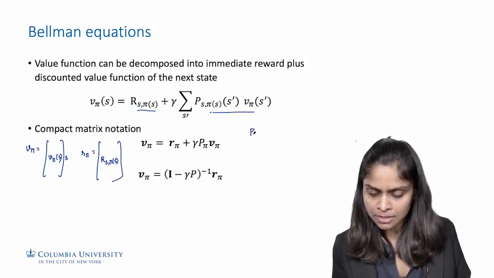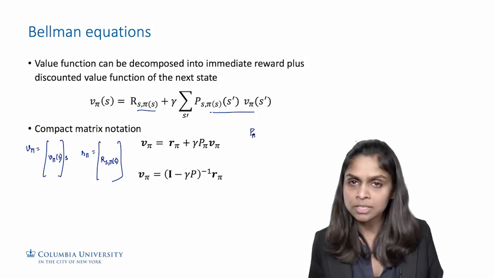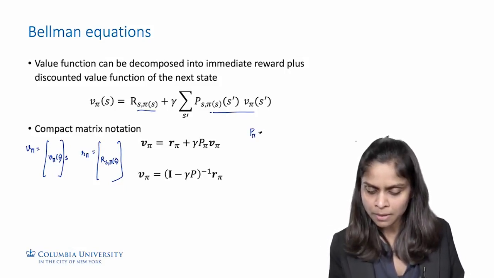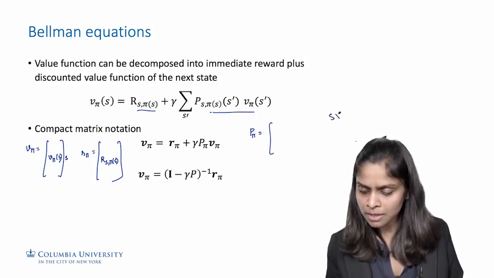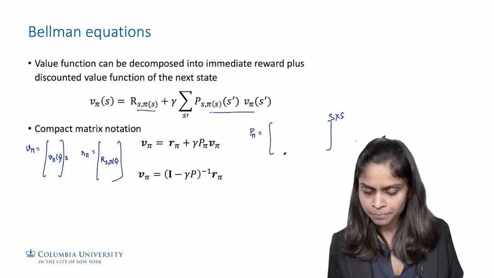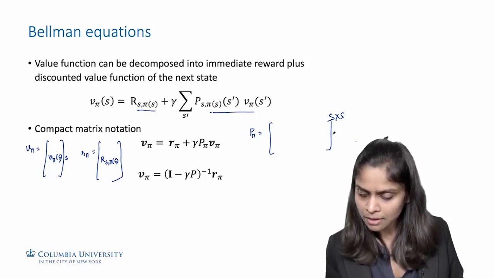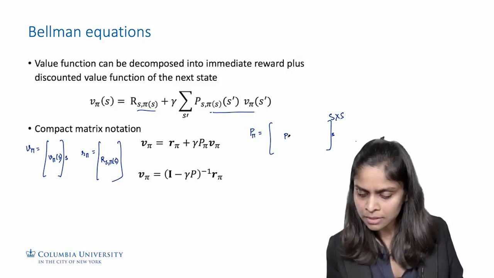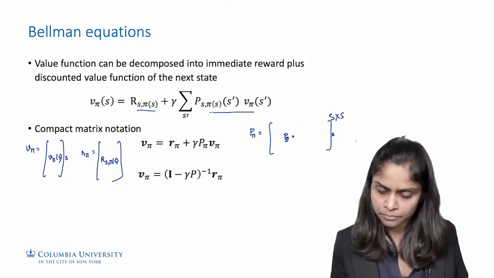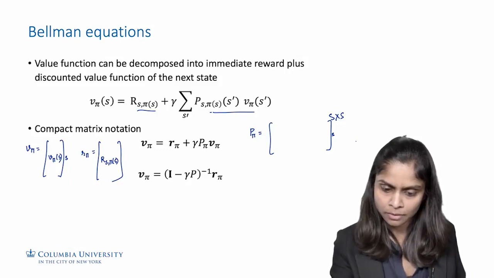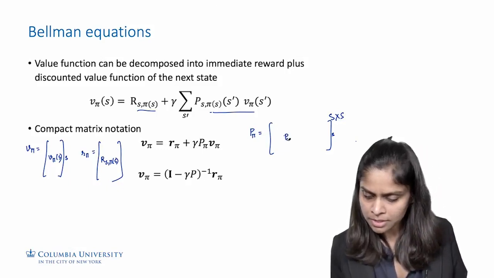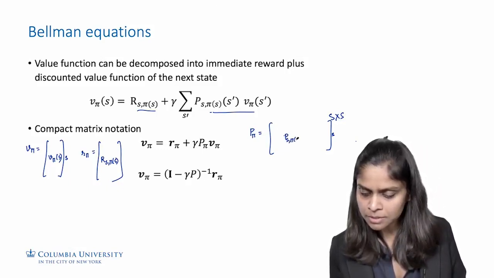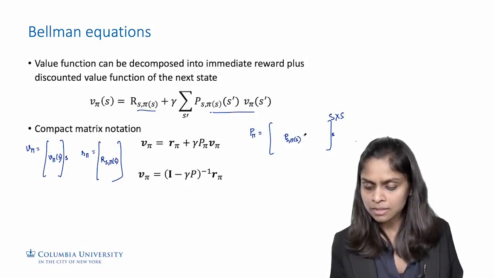We express the transition probability matrix for policy pi as P pi, which is an S by S dimensional matrix, with the s row being the distribution of the next state, if the current state is s and the action specified by policy pi is taken in that state.